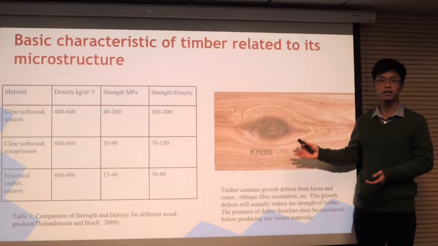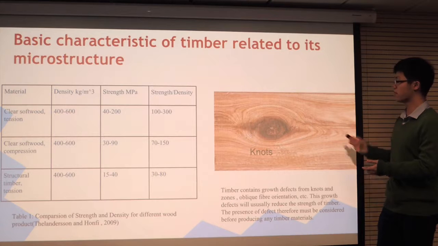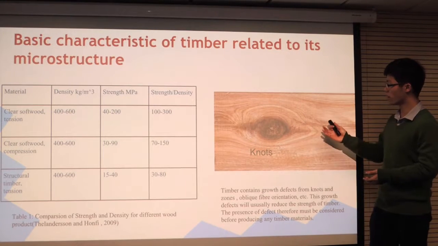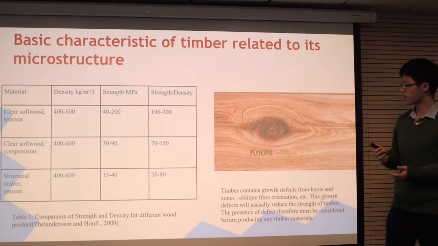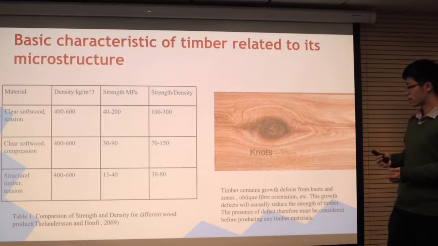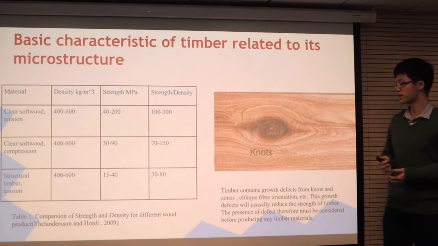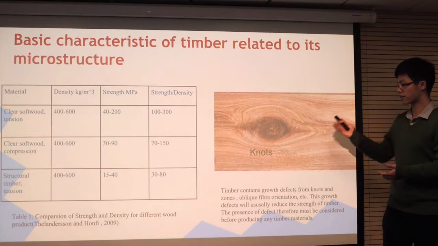And these knots will actually reduce the strength of timber and make the timber more easily breakable. So before making any timber products, the presence of defects must be recognized and the design changed to fit these defects.